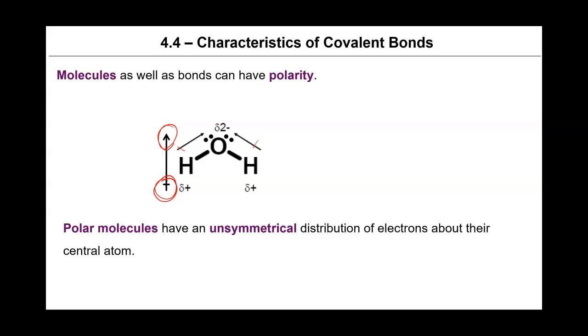So this whole molecule is described as being polar. So you can recognize polar molecules because they will have an unsymmetrical distribution of electrons around their central atom. And that's exactly what we're seeing here. Electrons are being sucked up towards the oxygen, leaving the hydrogen end of the molecule deficient.